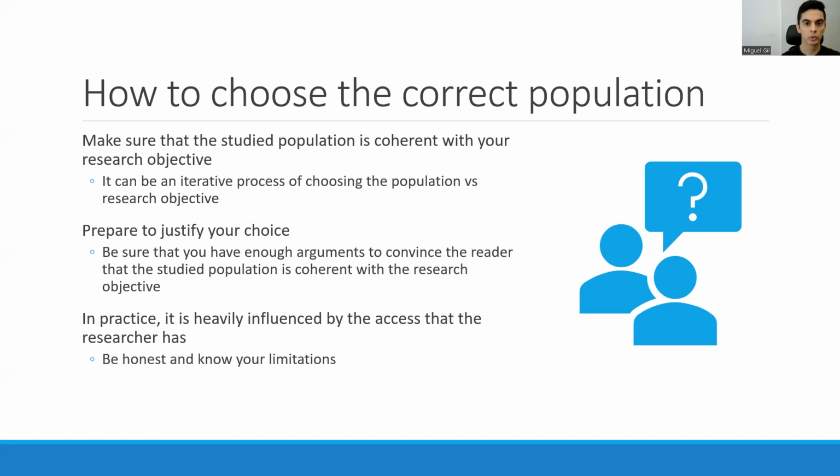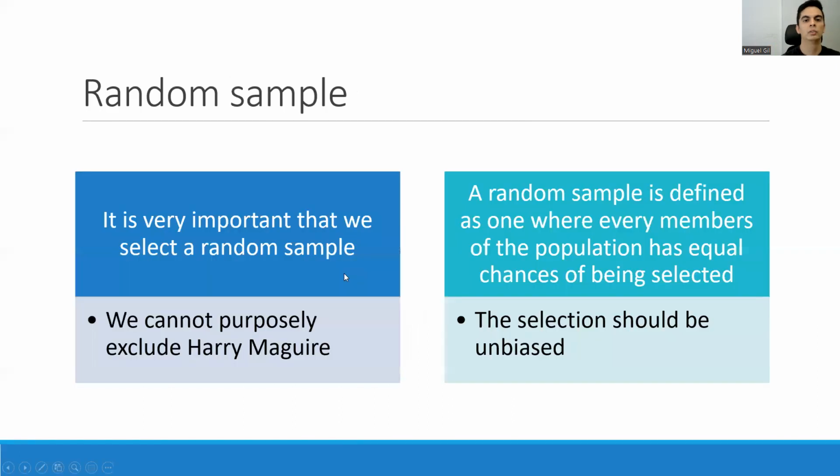So in order to study your population, what you can do and what you should do is to choose a sample. Choosing a sample is very important, because if you can study only a subset of your whole population, then it is easier, and sometimes it's finally possible, because you have the resources to study at least one sample.